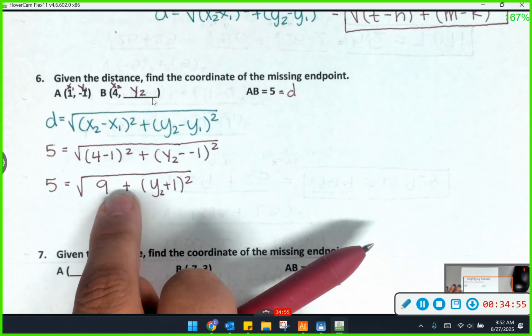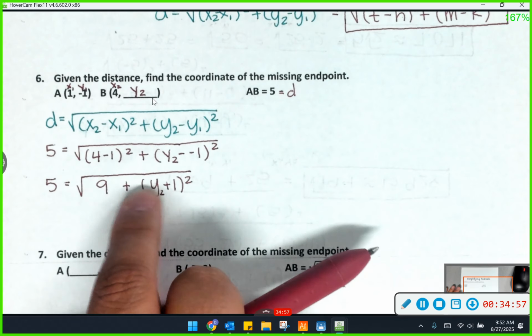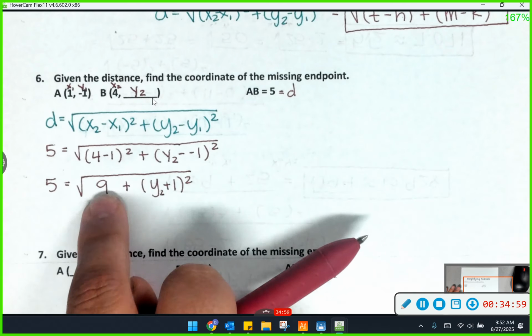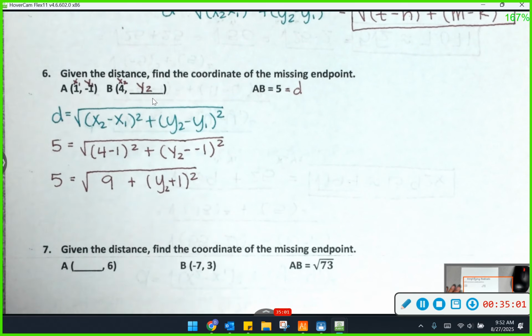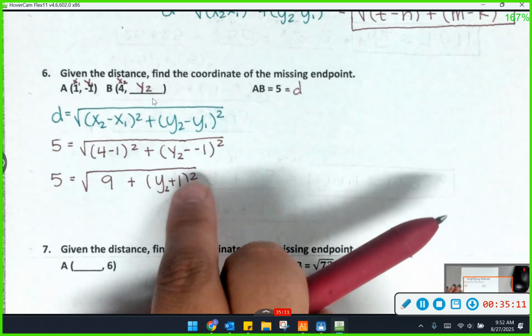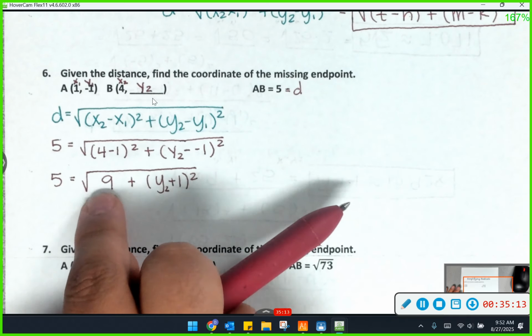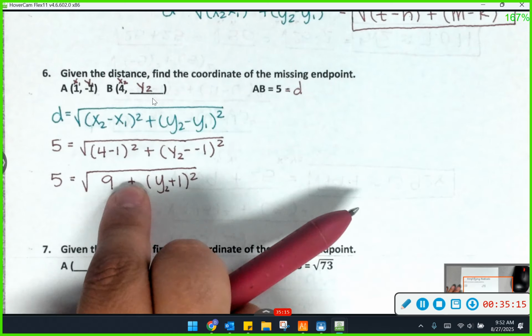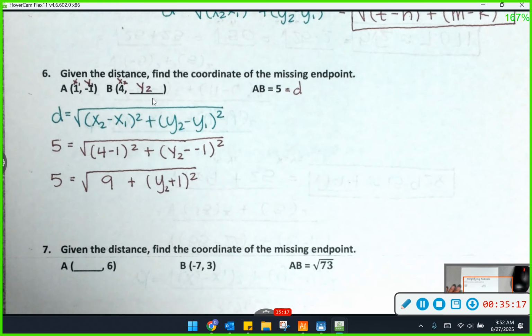I can't distribute because there's a plus sign right here. If the 9 was right in front, you would be right. But if there's a plus sign in between them, I can't distribute. Yes. So the square and the square root cancel out. So, good theory. They don't cancel out because the square root is also with this 9. Because there's a plus sign, they don't cancel out.